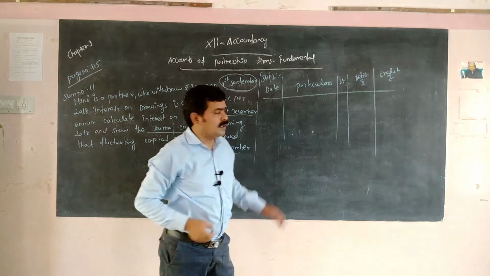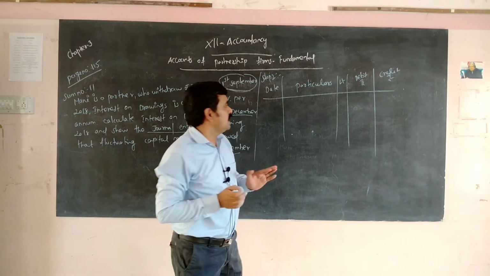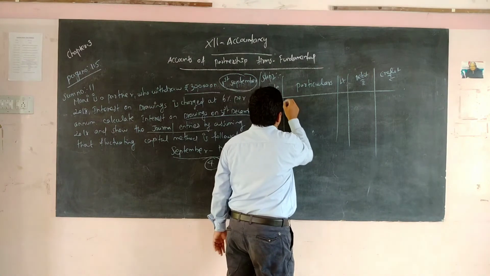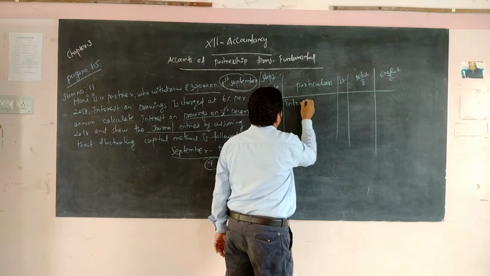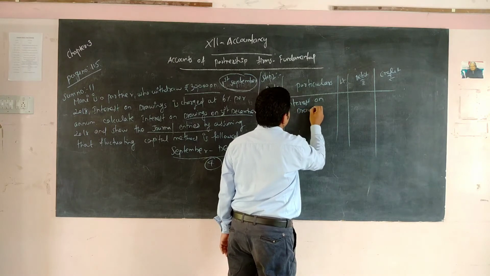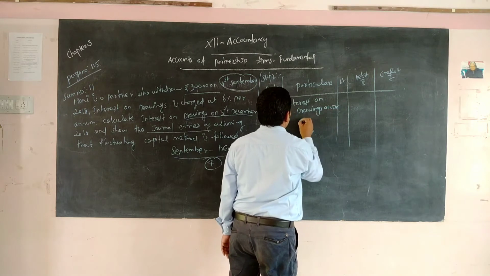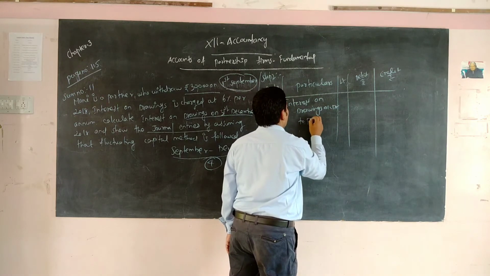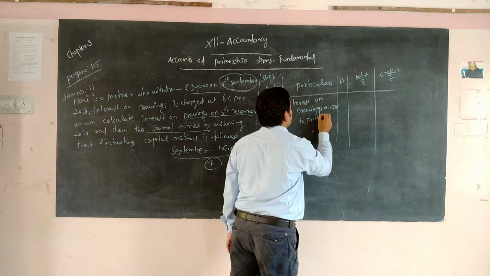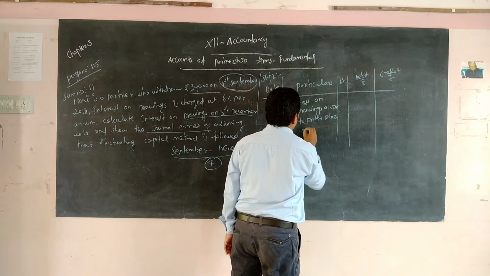What is the entry for closing the interest on drawing? Interest on drawing account debit to profit and loss appropriation account.